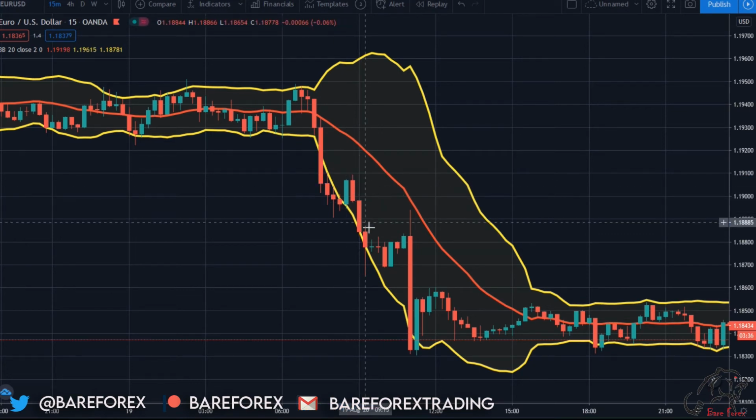And then what about this? When price doesn't protrude out, it doesn't go all the way out and back in? This is the part I did not like about Bollinger Bands, because this is where you get killed. This is easy stuff right here. All this is exactly what it's made for.